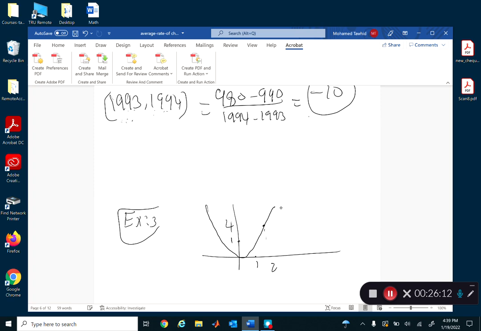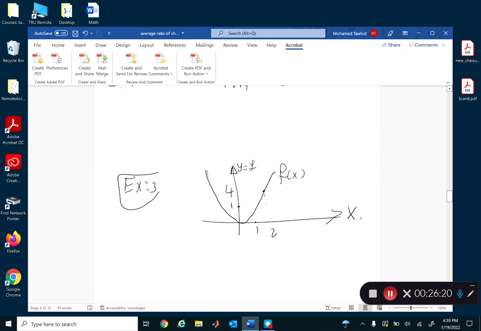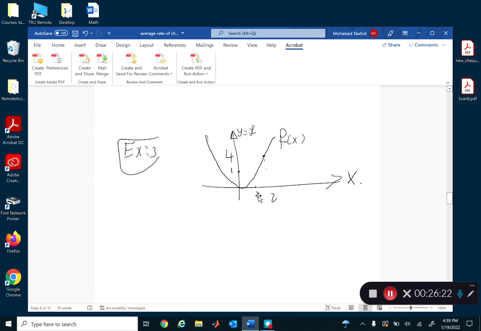So here is the graph. F of x is on the y-axis, and that is my x. So a graph is given to you, and then what is the question? They ask you to compute the average rate of change of your f of x. F of x is not given, just a graph is given.